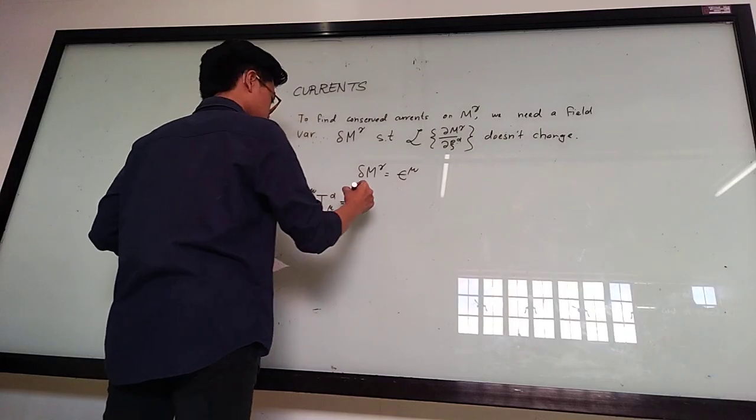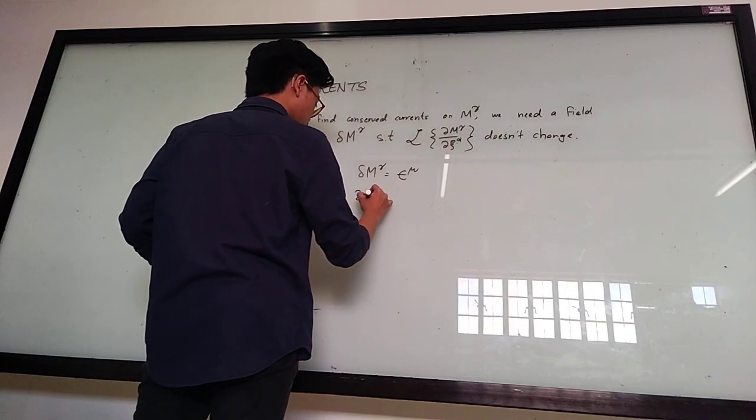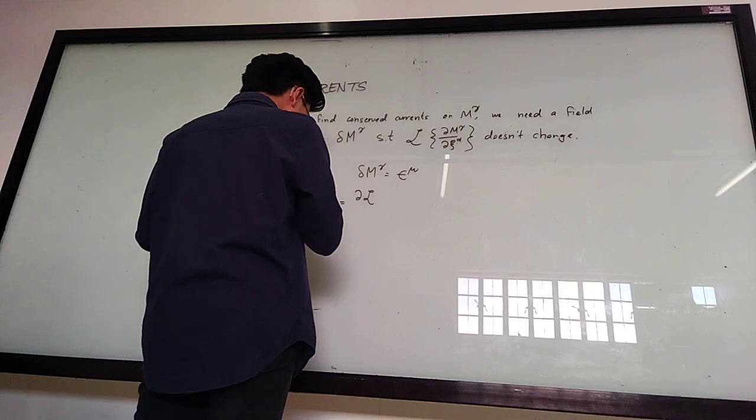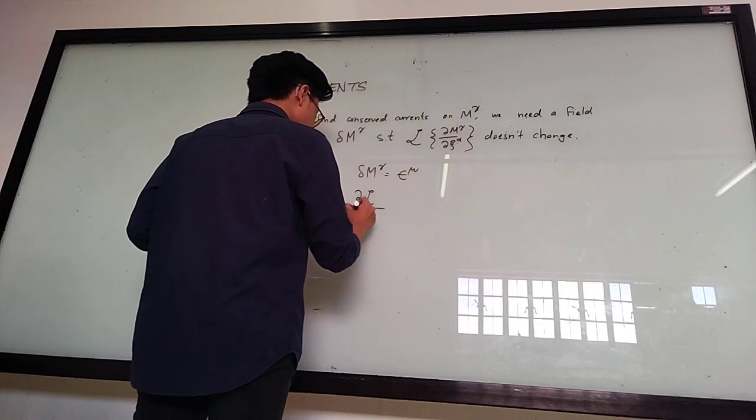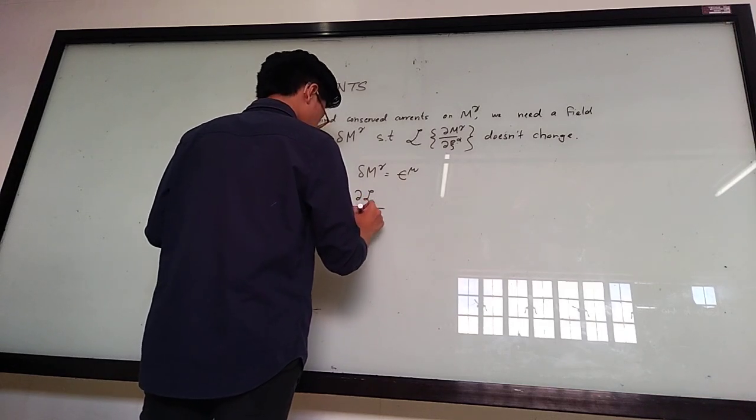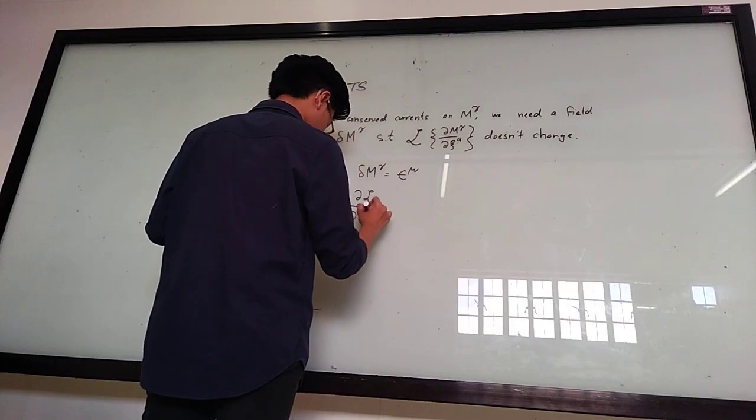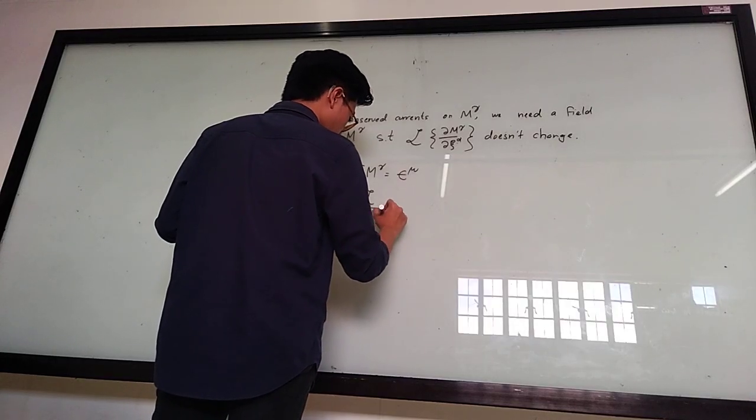That would then give us the derivative of the Lagrangian density twice with respect to my M gamma.